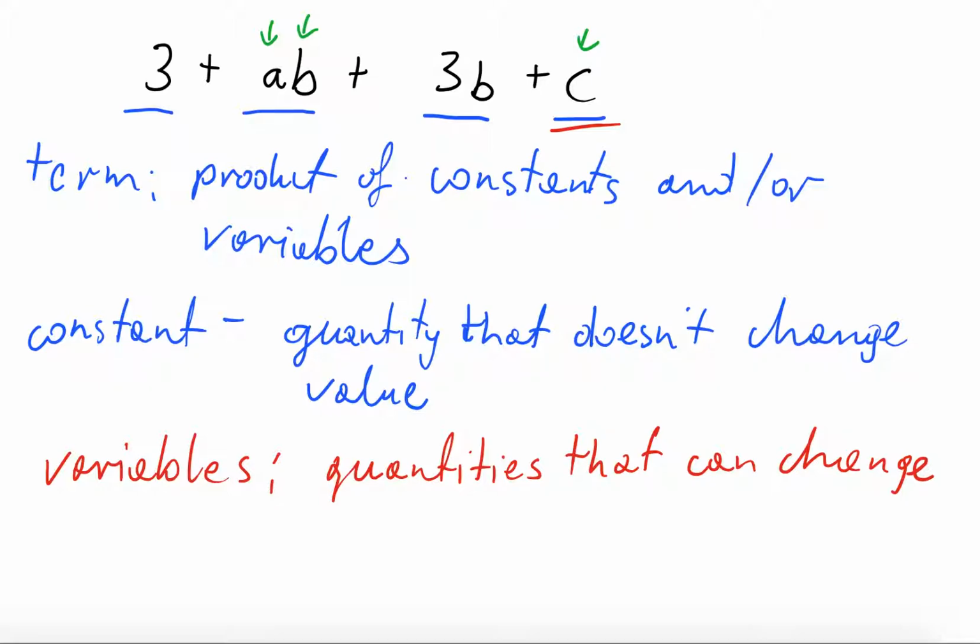The last one that we need to be aware of is called a coefficient. And the coefficient is a number or a symbol that multiplies a variable.